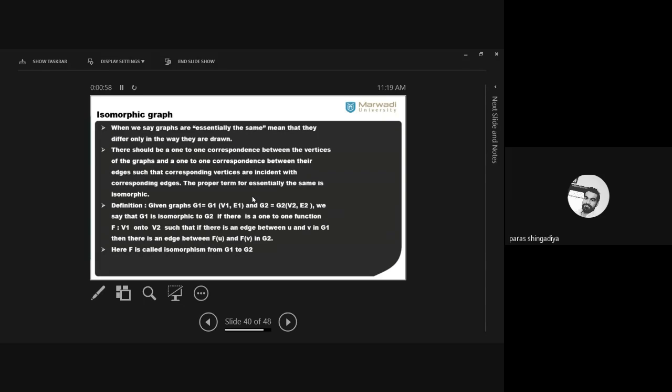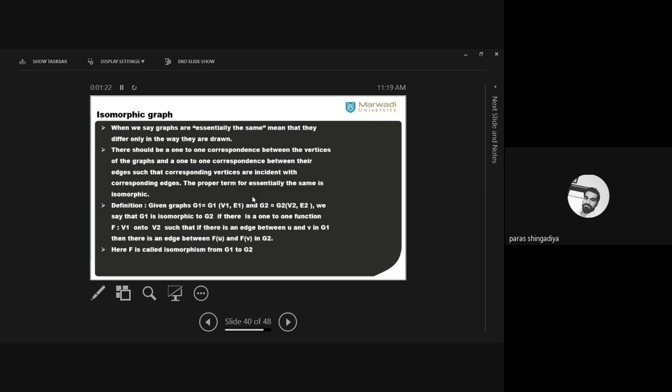Two different sketches will be there in these two graphs. Both have the same number of vertices and the same number of edges, and we have to check whether they are essentially the same or not. The structures are different, but we have to verify that. So how can we check? For that, we use the one-to-one relation on the vertices and the edges.